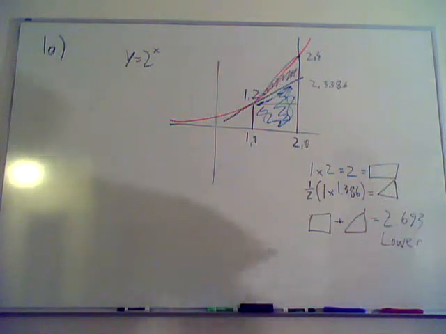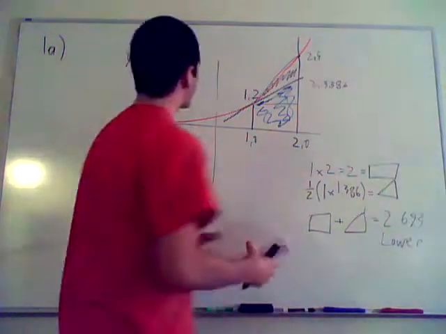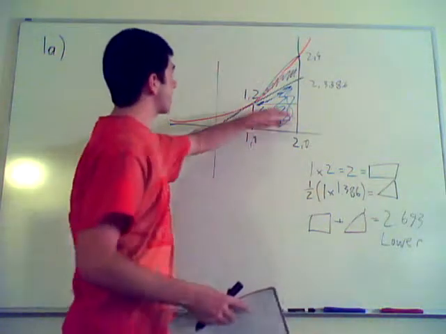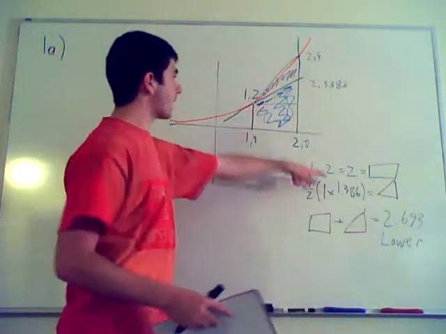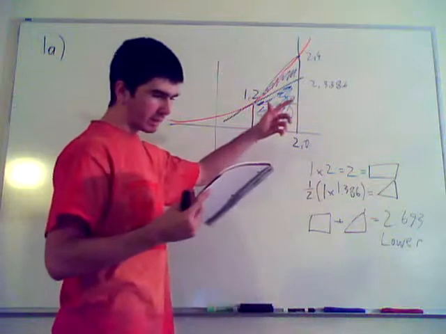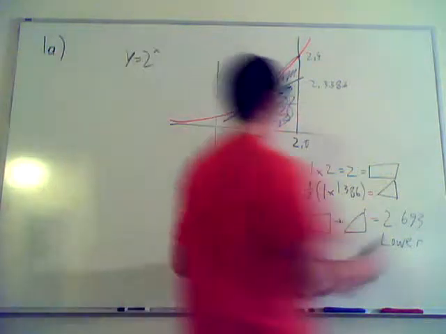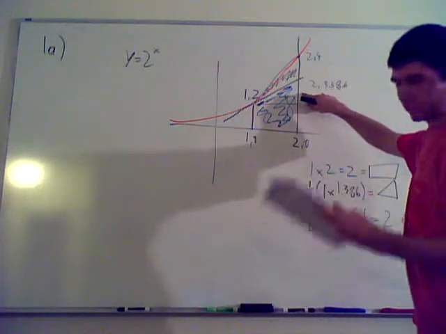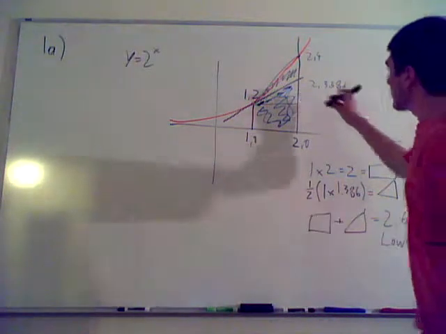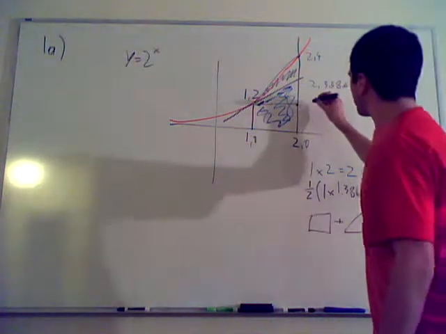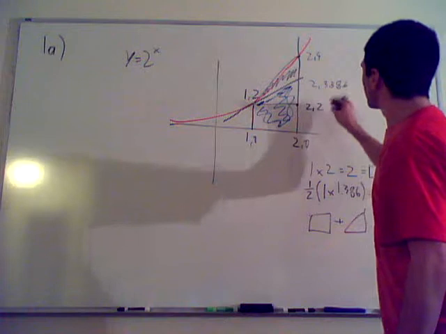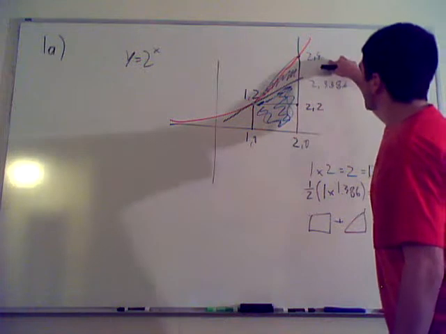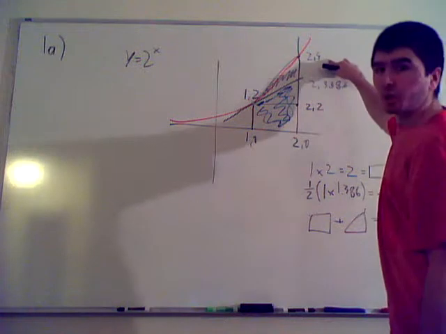Am I in the way? I'm good. Alright? Now, higher, remember, again, you calculate the rectangle, and we already have the rectangle, except I was stupid, I didn't calculate it. But it's just 2. Yeah, it's 2, and then you add the triangle to it. So, the triangle now, since this point is 2, 2, up to 2, 4, the height is 2, right?